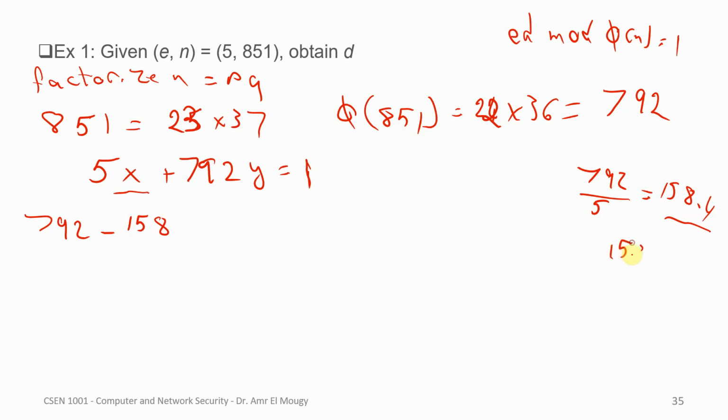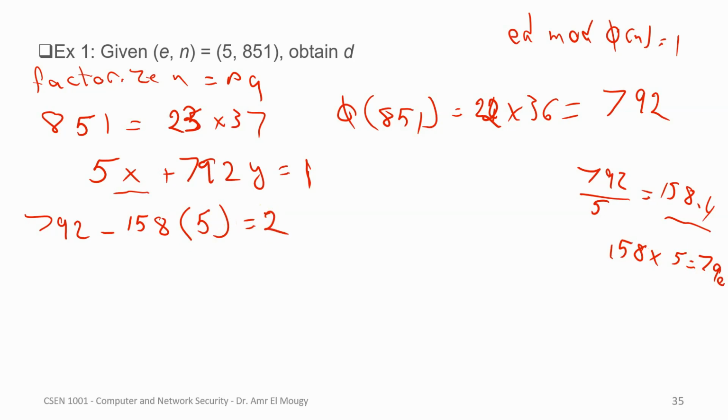That is equal to 790. So you take 792, which is phi n, minus 158 multiplied by 5, which is 790. So the subtraction will be equal to 2.